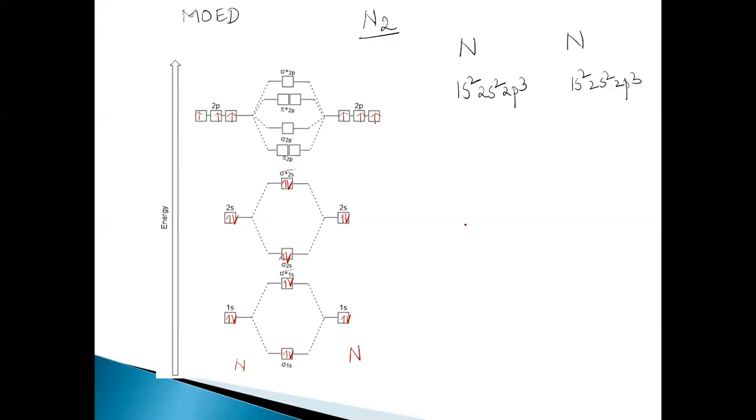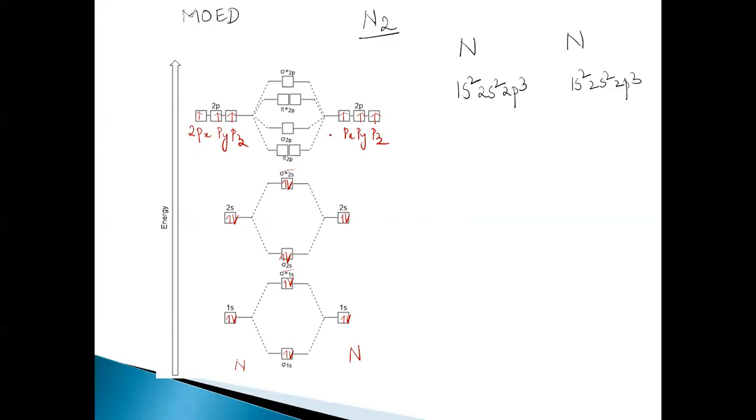Now, there are two types of overlap possible for the p orbitals: 2px, 2py and 2pz.